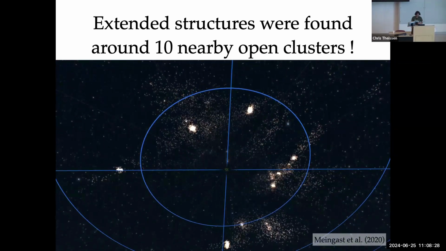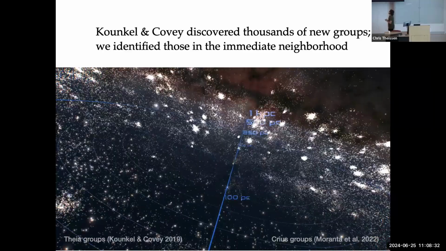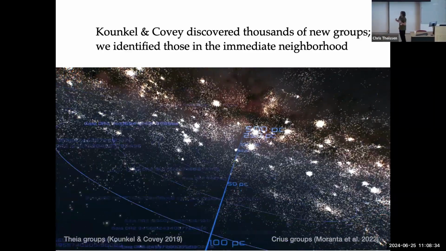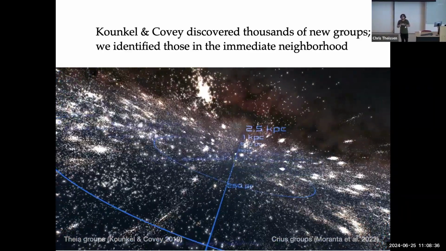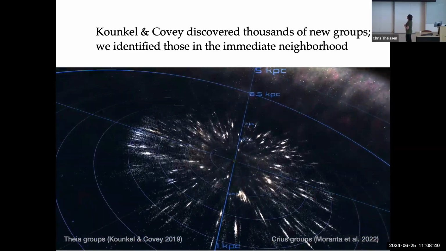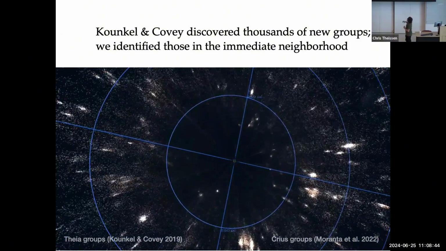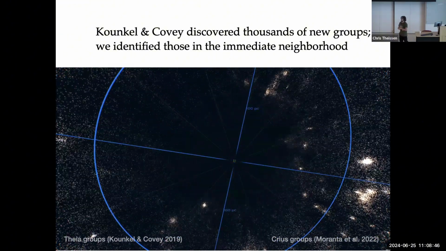For example, there's a pretty well-known paper by Kounkel and Covey who used a machine learning clustering method called HDBSCAN to identify a large number of co-moving structures in the galaxy. But there was an empty bubble within around 60 parsecs around the sun.